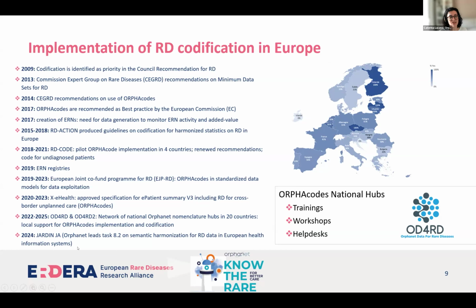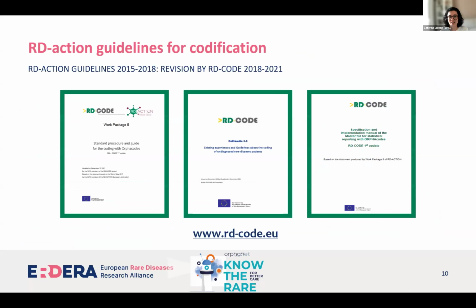And ongoing, there's the Jardin Joint Action, in which Orphanet leads a task on semantic harmonization for rare disease data in European health information systems. So you see a real push to implement a specific codification system for rare diseases.